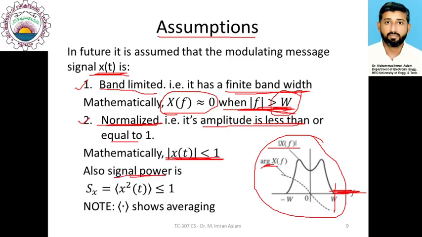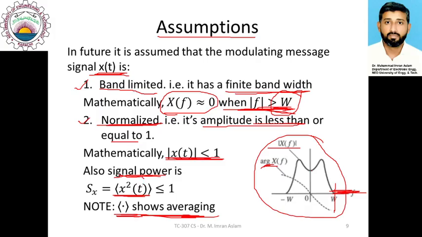Secondly, the signal power. Of course, if you know the amplitude, you can calculate the power as well. The power is actually the average of the square. So x squared t, this angle bracket here shows the averaging operation. So wherever we will be using this notation, we represent that we are calculating a time average of this thing.